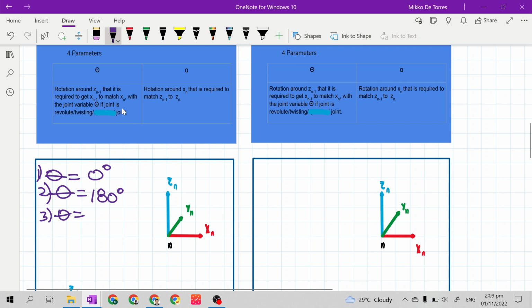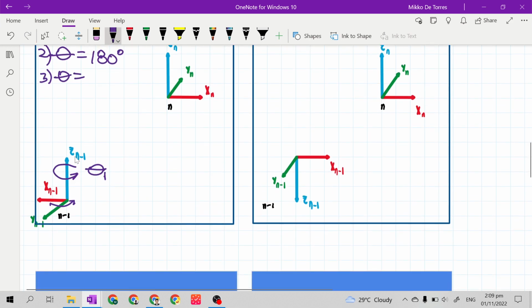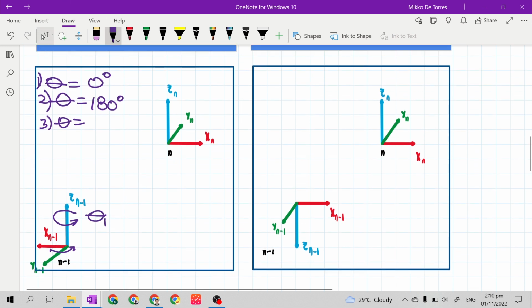So it says here that if there is a joint variable theta, if it's revolute or twisting, you will add theta 1 to the angle that is required to match the direction of x sub n minus 1 to x sub n.